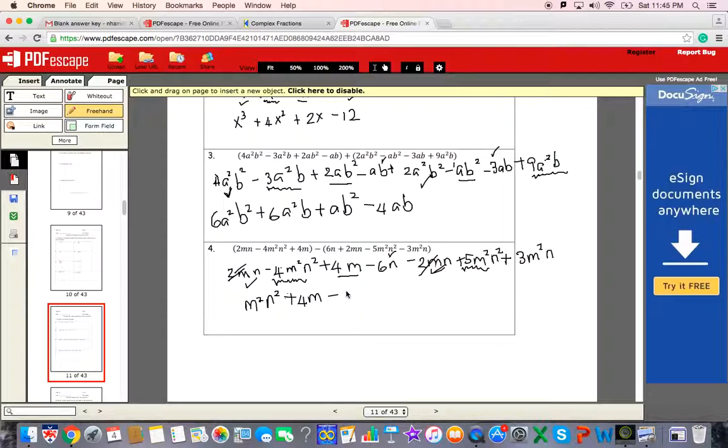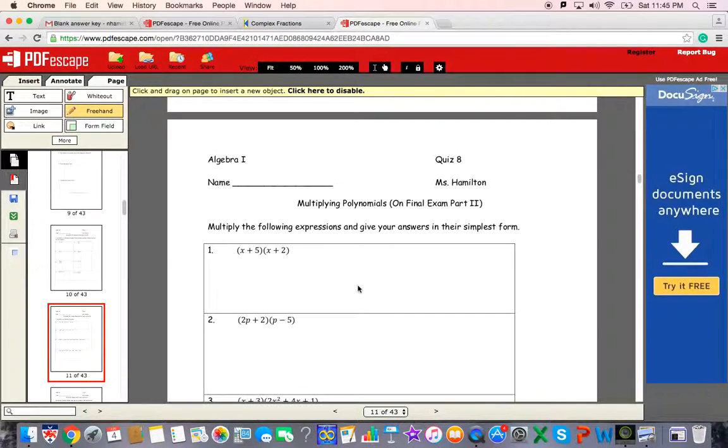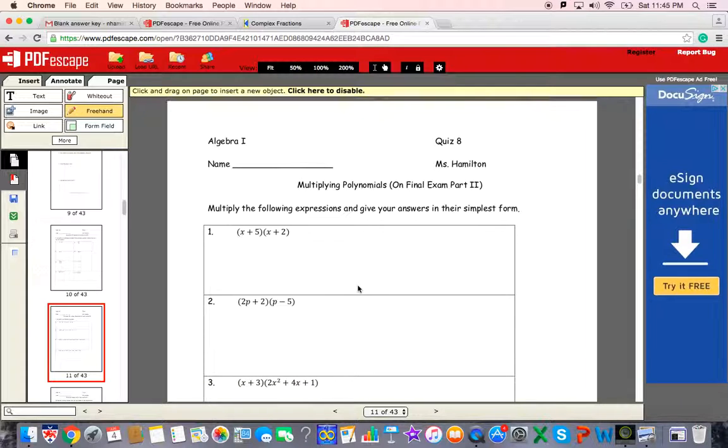So minus 6n. And so all of these we've done. The only thing that's left is the 3m squared n. So we just rewrite that, plus 3m squared n. There's nothing like it. And so we go ahead, we double check that there are no like terms that we forgot to pair up or match up, and we are done. So that is how we add and subtract our polynomials.